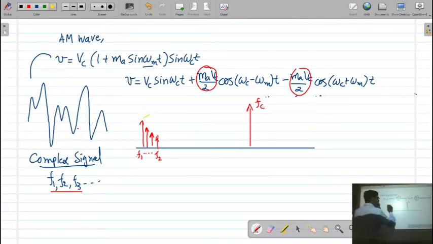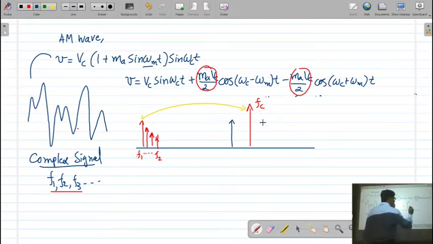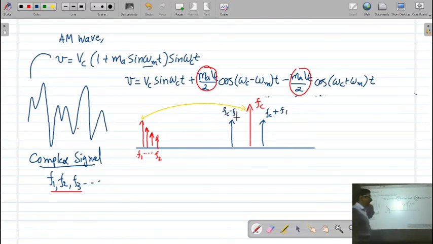Here, F1 is going to interact with Fc, and it will produce the two sidebands, that is Fc minus F1 and Fc plus F1. So that thing you can represent in this way. Here we have Fc minus F1 and Fc plus F1.